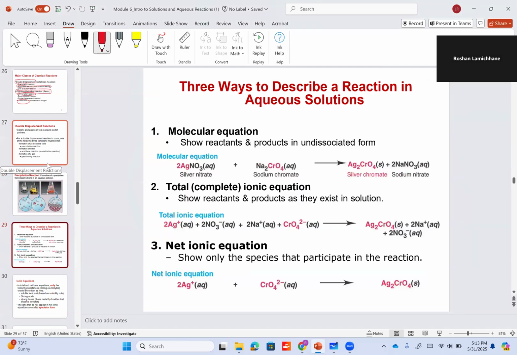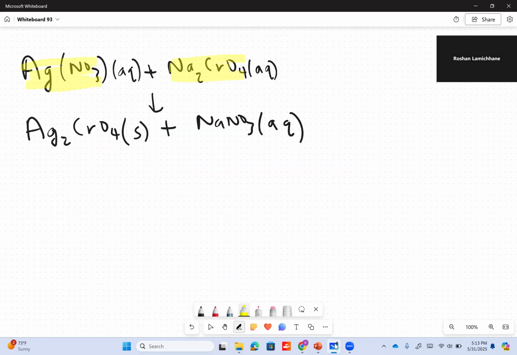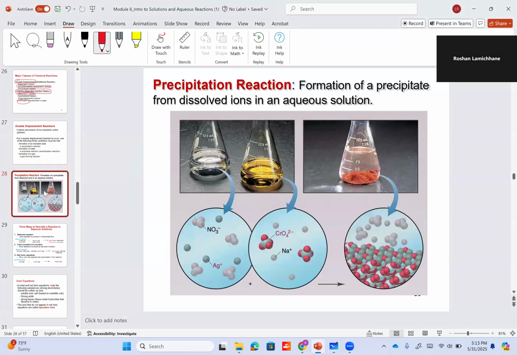When these two soluble salts react, you're going to see a clear solution, but also some solid forming at the bottom of your reaction vessel.